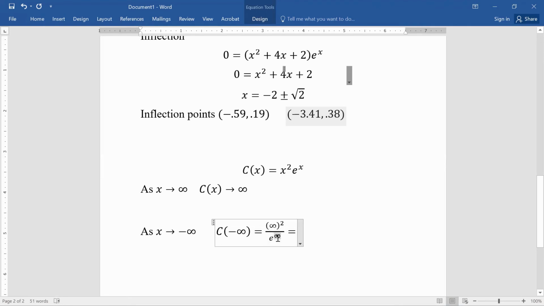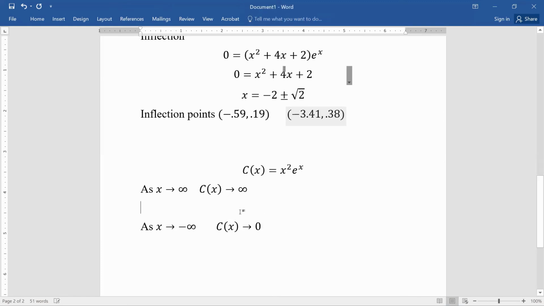The exponential piece grows faster, and therefore the denominator is getting a lot bigger than the numerator. The denominator is getting bigger. That means this fraction is going towards 0. Therefore, as x gets closer to negative infinity, my function's behavior gets closer towards 0.